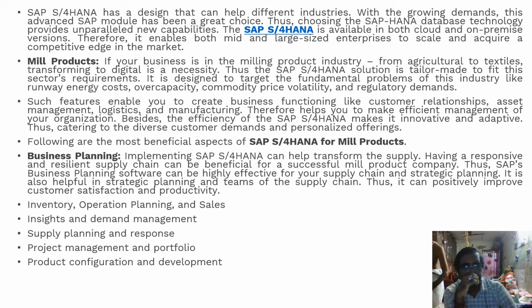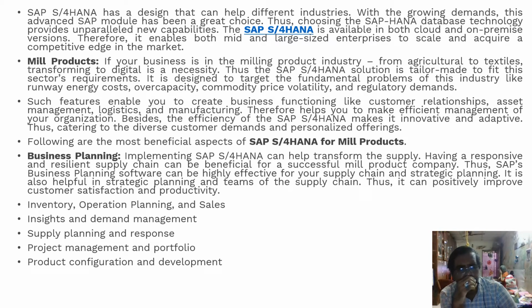Besides efficiency, SAP S4 HANA makes it innovative and adaptive in nature. And we have the following beneficial aspects of SAP S/4HANA for mill products. The first is business planning. Implementing SAP S/4HANA can help transform the supply chain.